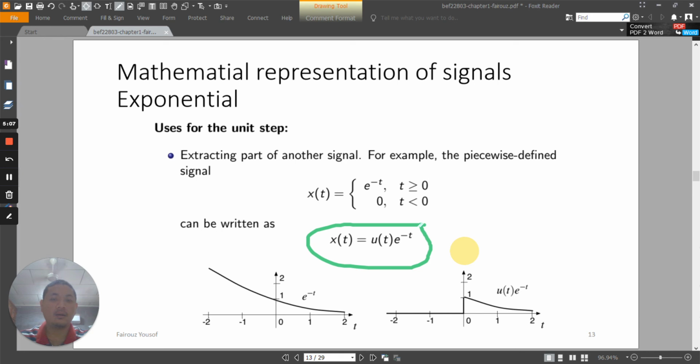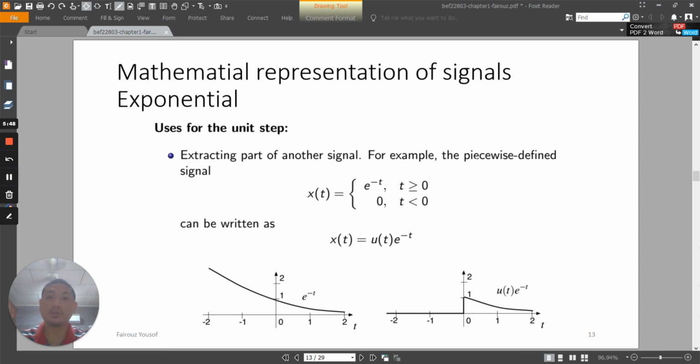So how can we get this? If you look closely, this is actually a combination of two signals. u(t) is the unit step function, if you still remember, and then the exponential negative t, that is the exponential decay. So you have two functions, u(t) and exponential negative t. You multiply these two, then you will get this, right?